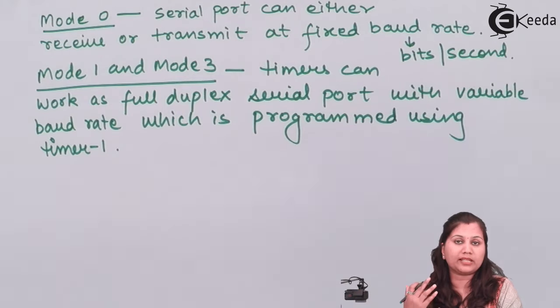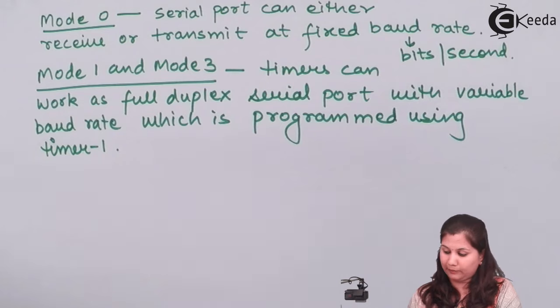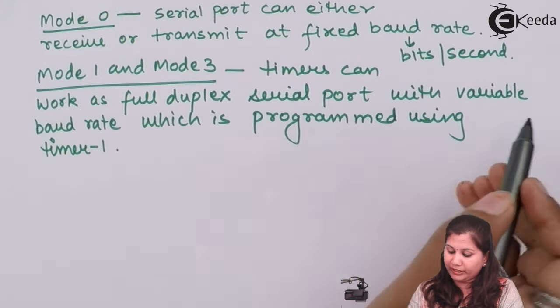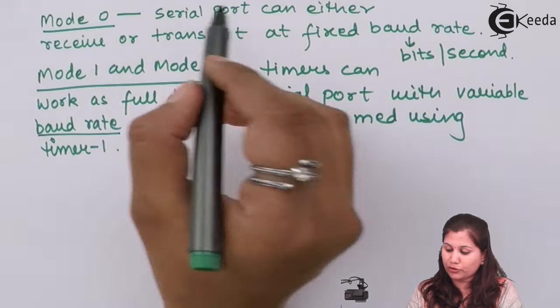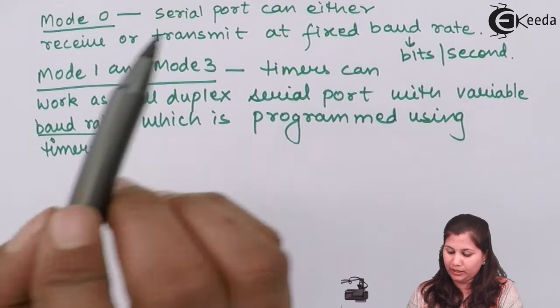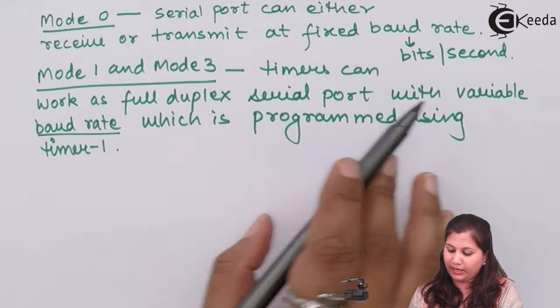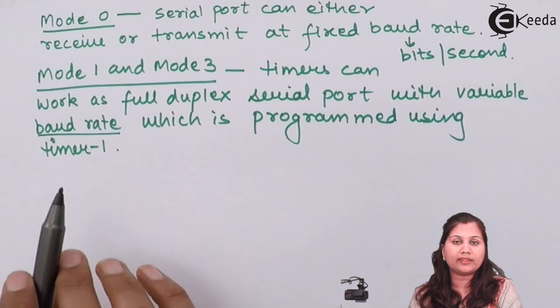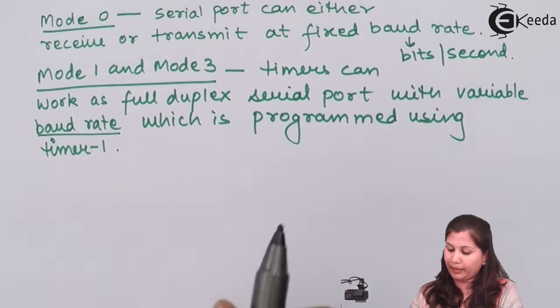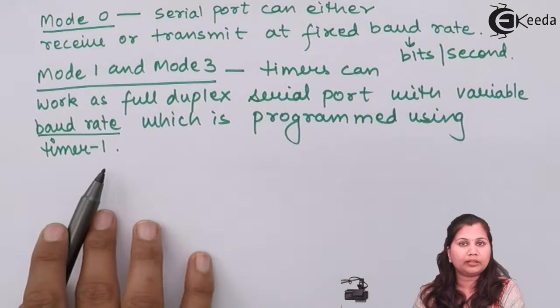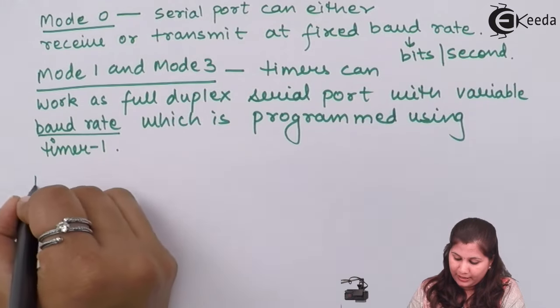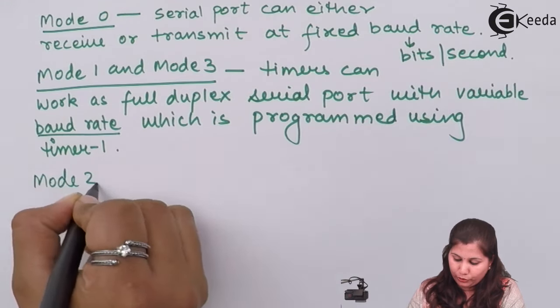Full duplex means they can receive also and they can transmit also at the same time. So with the variable baud rate, in the case of mode 0 we were having fixed baud rate, but in mode 1 and mode 3 we have the variable baud rate, and this baud rate can be decided by programming the timer 1.